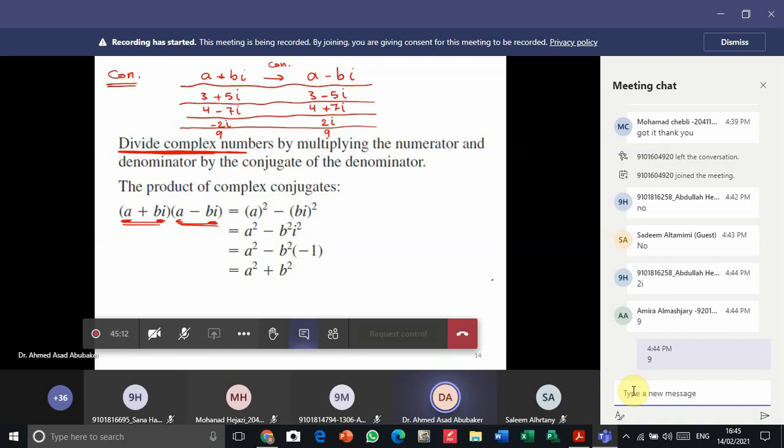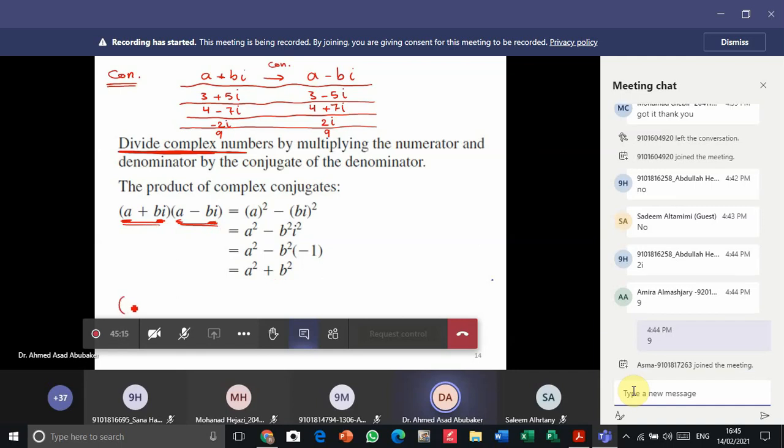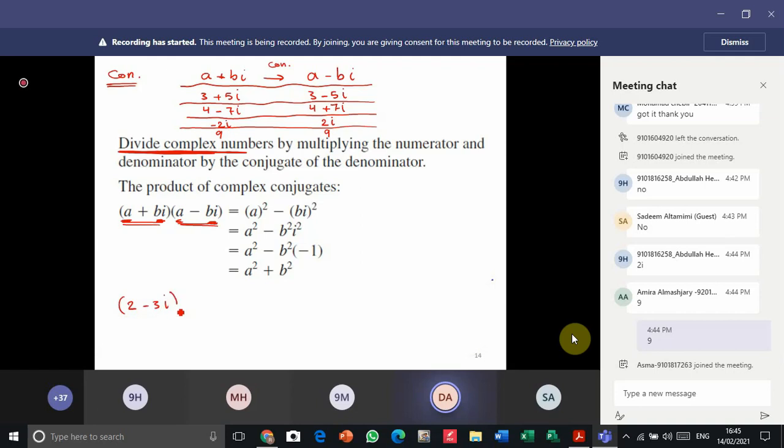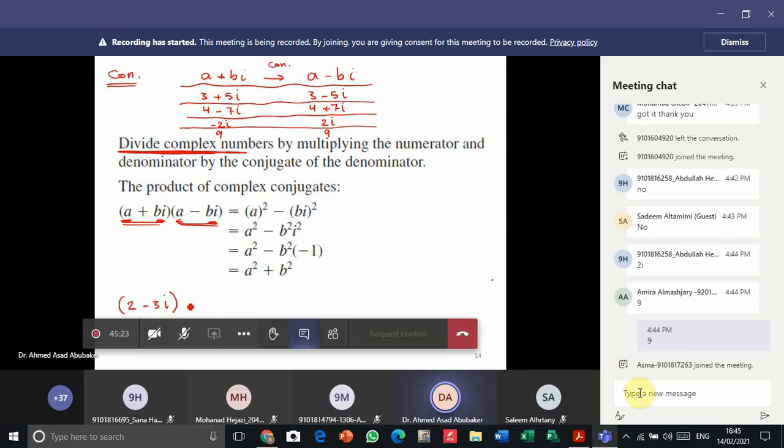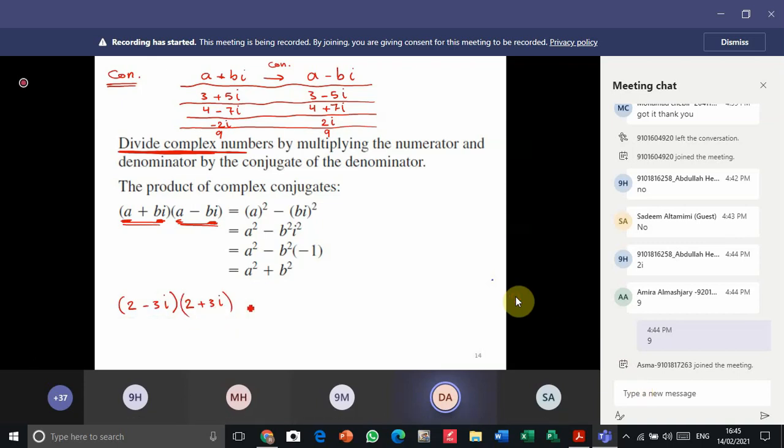For example, if we multiply 2 minus 3i, what's the conjugate of 2 minus 3i? This is 2 plus 3i. After multiplying, this equals what?